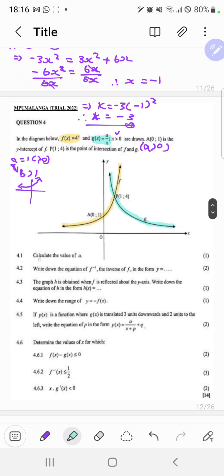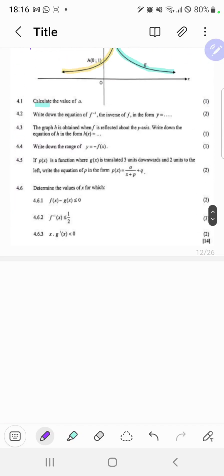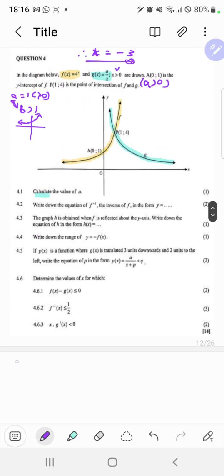Now the first question says calculate the value of a. Okay, what is a? It is on the hyperbola. So we start answering over here, say 4.1. So we know that g of x is equal to a over x. And then through point P, which is that point of intersection, we always choose a point.